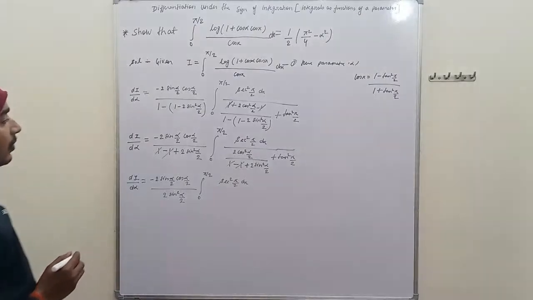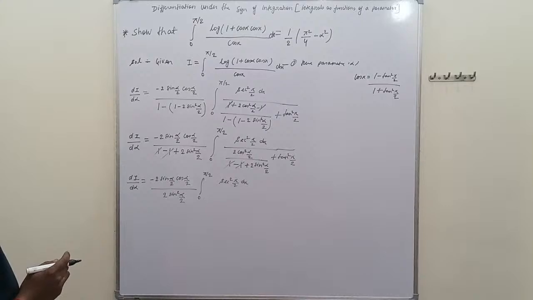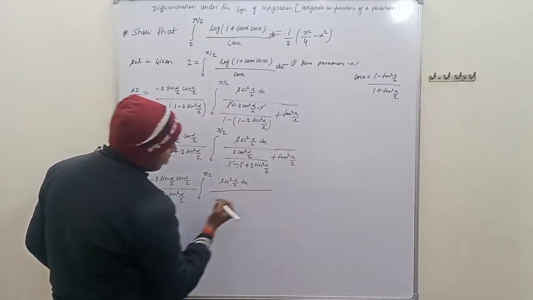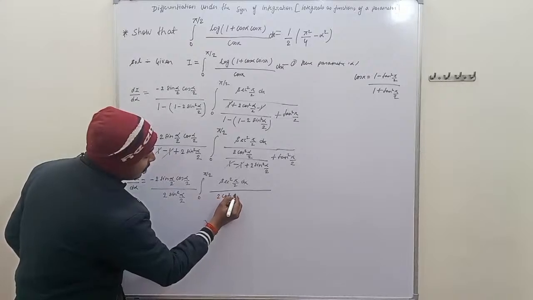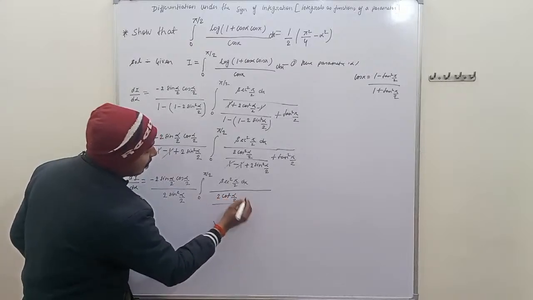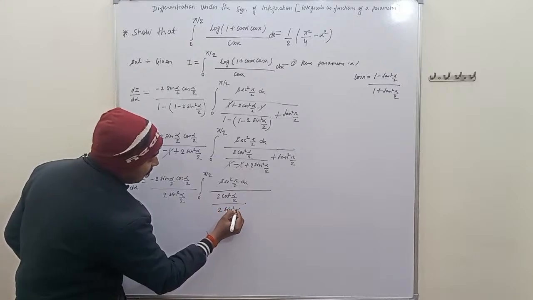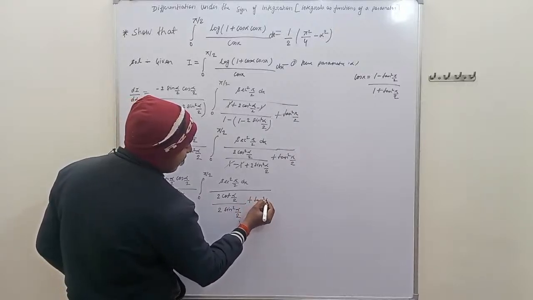Taking LCM, tan square x, sec square x by 2, and from here 2 cos square alpha by 2 upon 2 sin square alpha by 2 plus tan square x by 2.